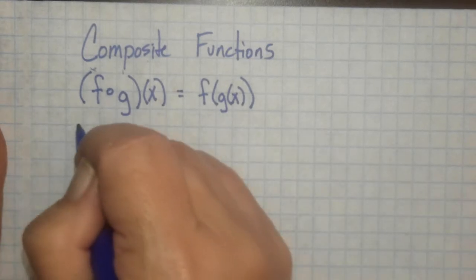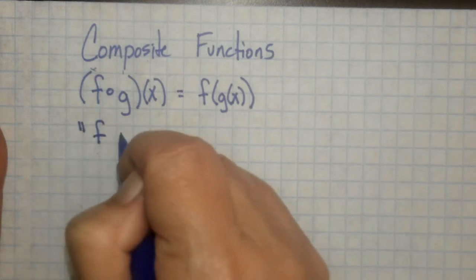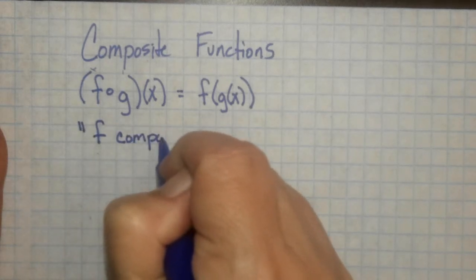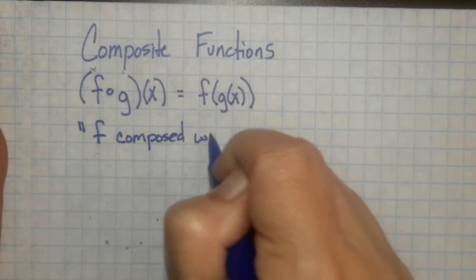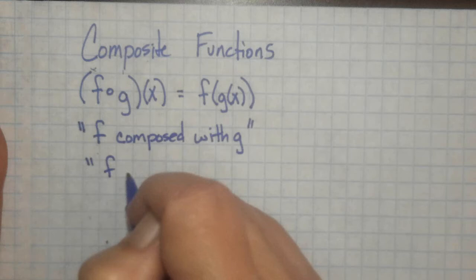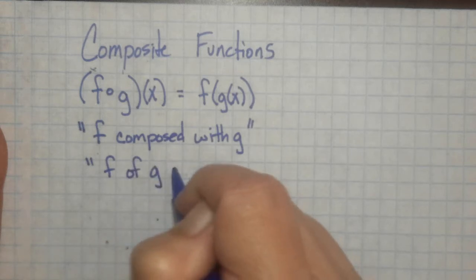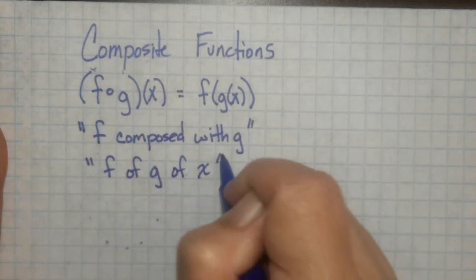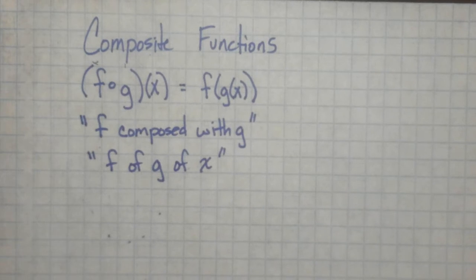The way to say it, you would say F composed with G, or you could just say F of G of X. Alright, so we're going to jump in with a couple of examples and just work through these.